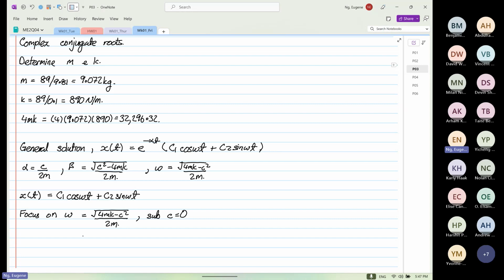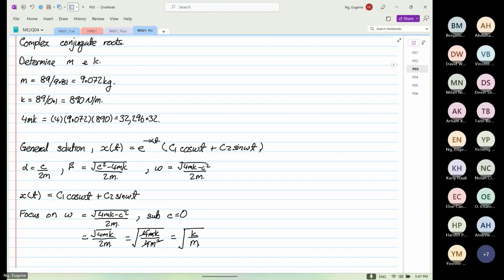So the expression becomes the square root of 4mk over 4m squared. I can cancel these terms, so this will be equal to the square root of k over m.